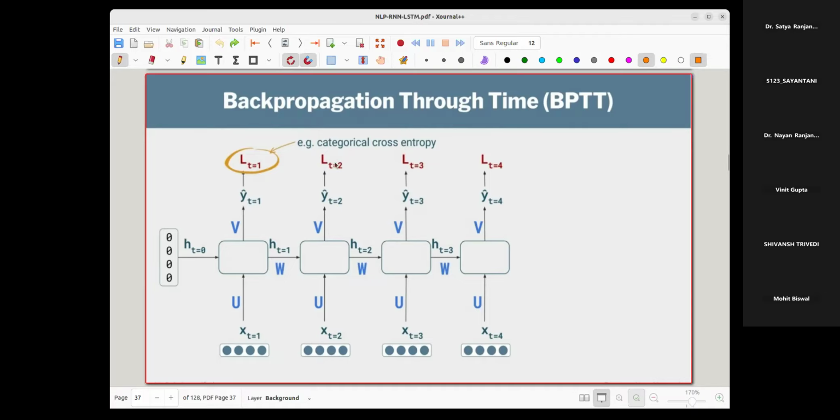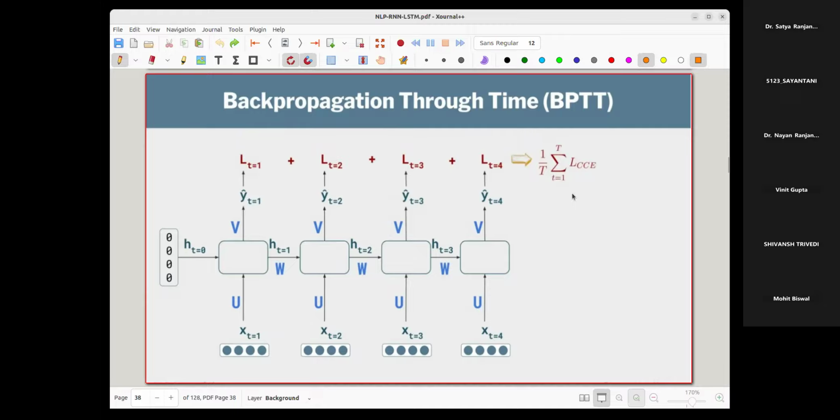Now you have four losses at four different time steps. To find the total loss, you add them and divide by the number of time steps. So total loss is just the sum of all losses at all time steps divided by the number of time steps. Now you have the final loss function for the whole network.